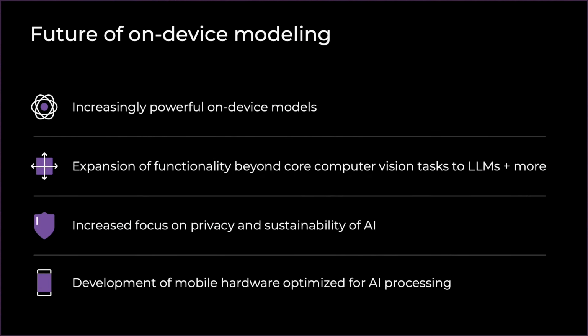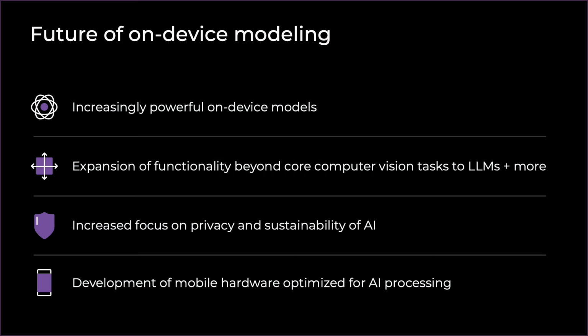This means that we will see increasingly powerful on-device models, which means that the functionality will expand beyond core computer vision tasks, which they're used for today, to large language models and more. I also believe on the consumer side, we'll see an increased focus on privacy and sustainability of AI.